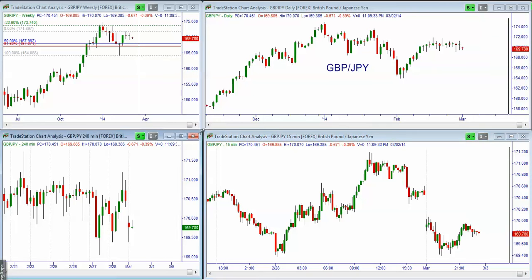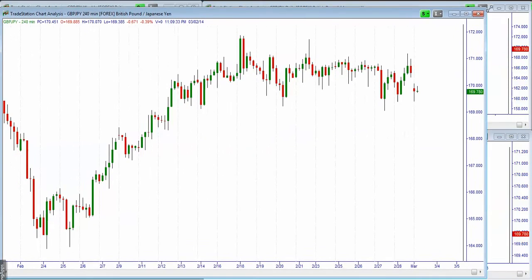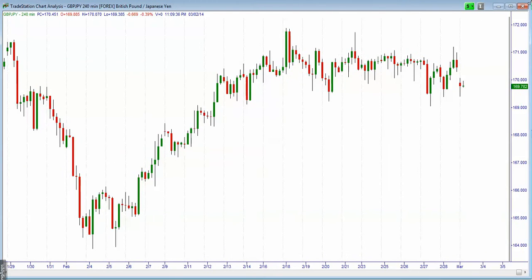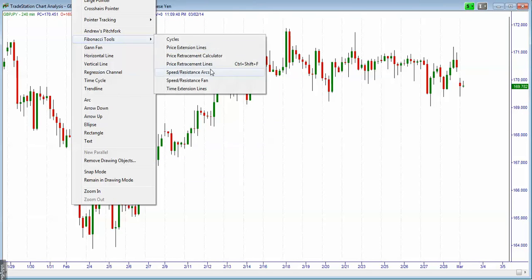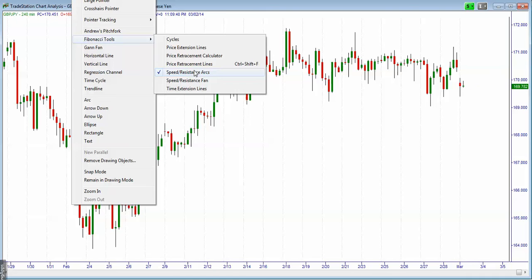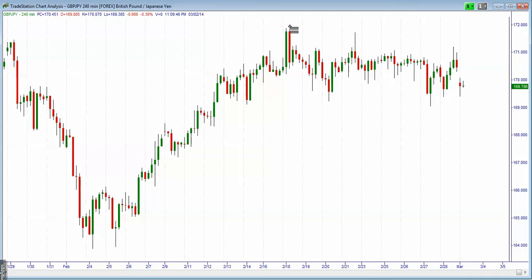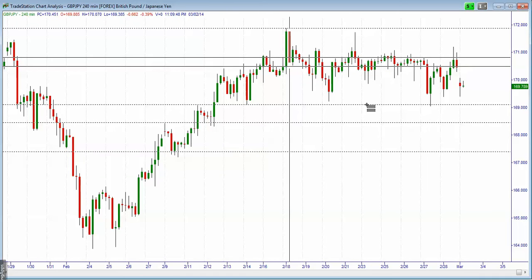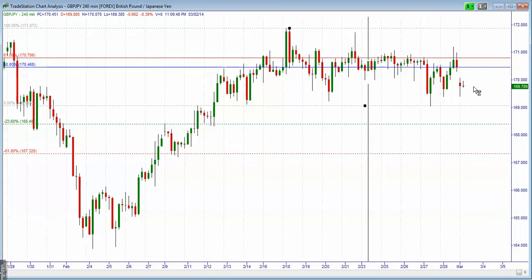move higher, and then in the morning we had, sorry, in the Sunday night open, we had this gap down here.